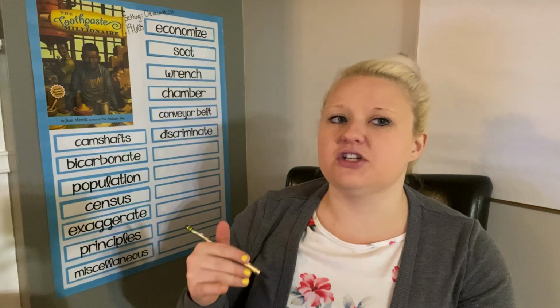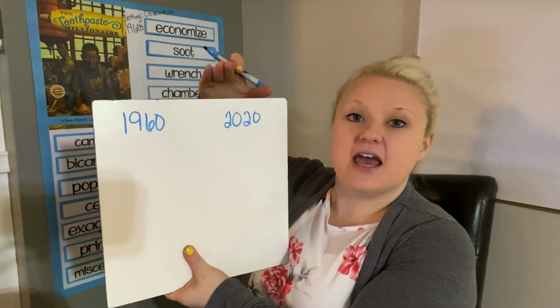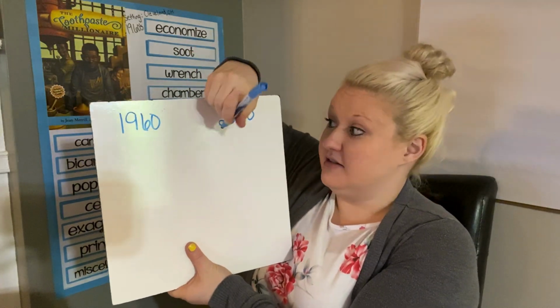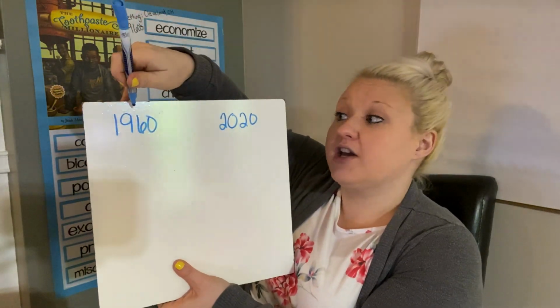Okay, I want to stop right here for a minute because I want to talk to you about the time in this book and how much $15,000 would really be back in 1960. So you can see here there's 1960 and 2020. This is this year, and this is the year that the book is in.